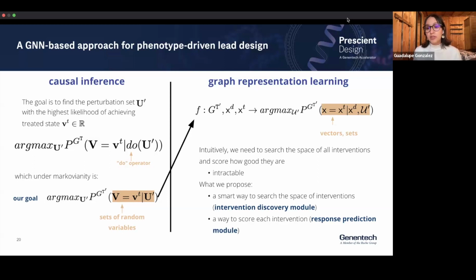But what we do to increase the capacity and try to have different structural equations for each node is we add learnable embeddings. So let's say we have gene A, and our gene expression values go from 0 to 1. We bin them into n bins, not equispaced, but based on the percentiles of the data, and we assign a learnable embedding to each of them.